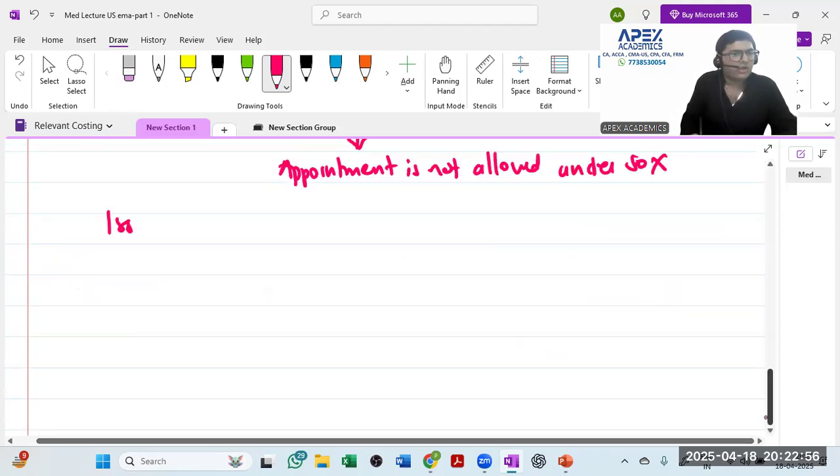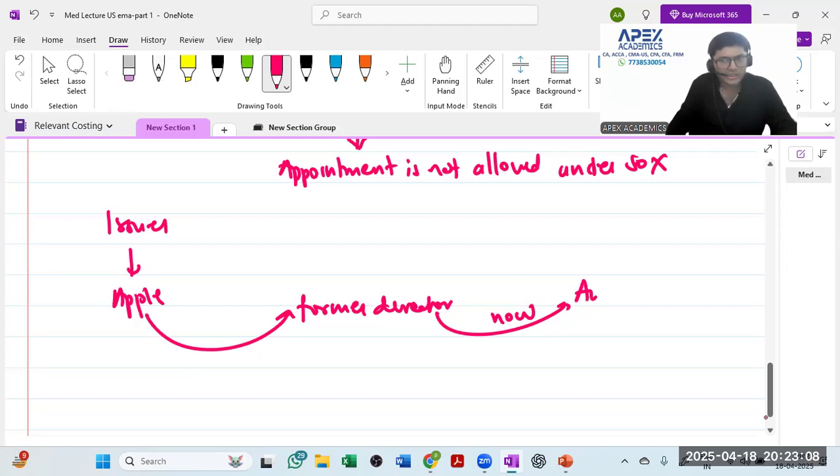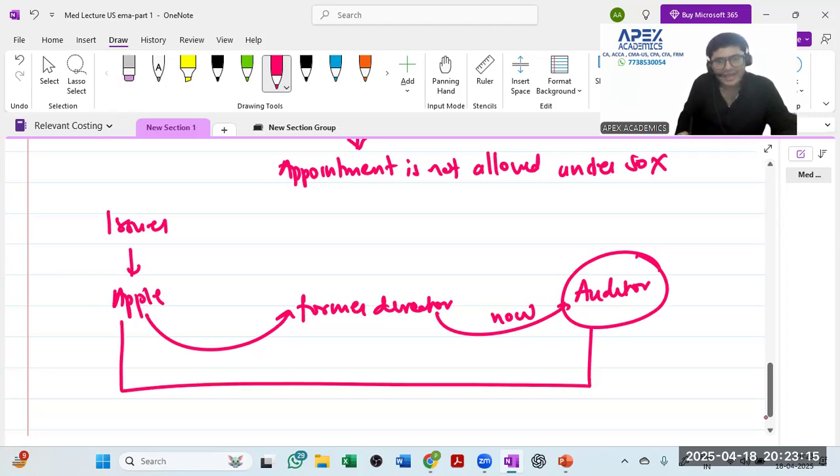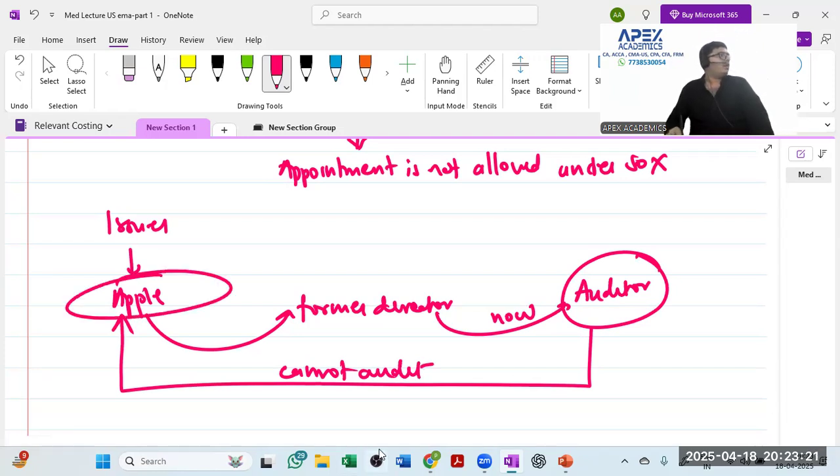Because the issuer, who is Apple, their former director is now an auditor. This audit firm cannot audit Apple.